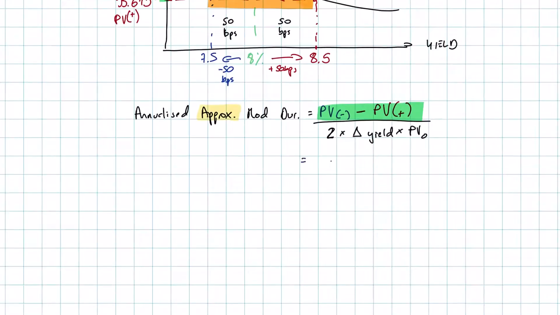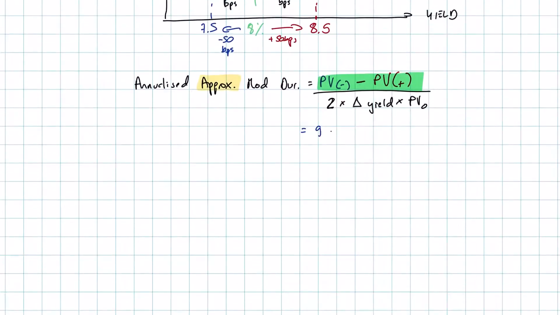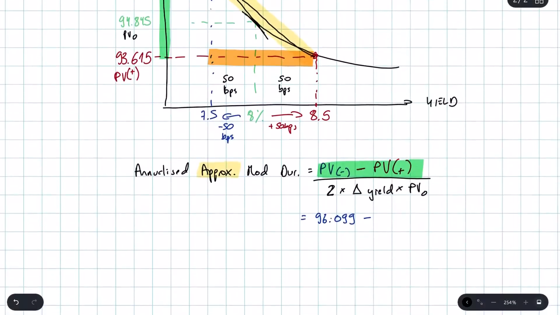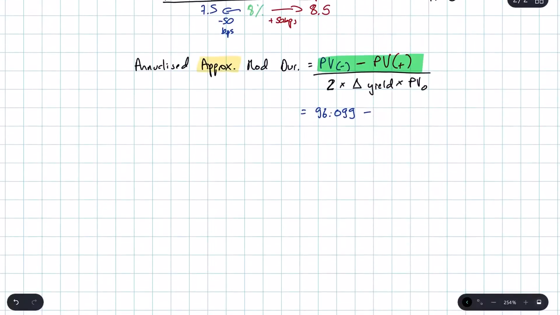Let's plug the numbers in. For PV minus, that's the higher number, I've got 96.099. That's obviously the price of the bond, assuming a yield decrease. I'm going to deduct the price of the bond, assuming a yield increase. That's 93.615.